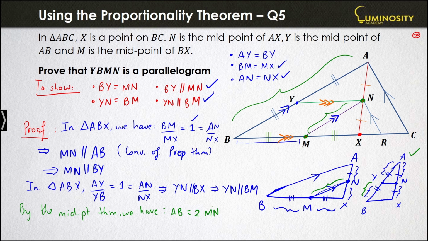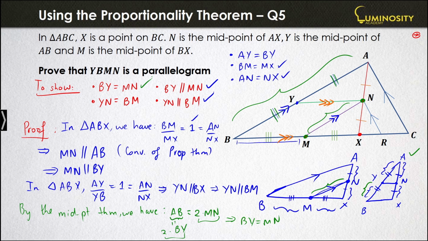But AB, can you see, this here is just two amounts of BY, because these are equal, because Y is the midpoint. So you have 2BY equals 2MN. If I divide both sides by 2, I get BY equals MN. And we are done. There we use the midpoint theorem.